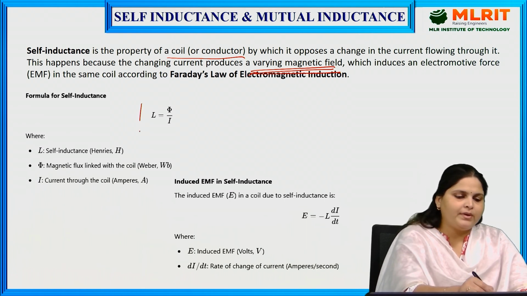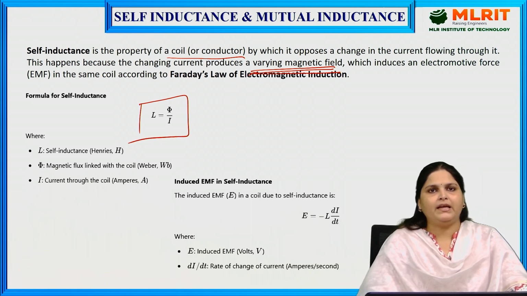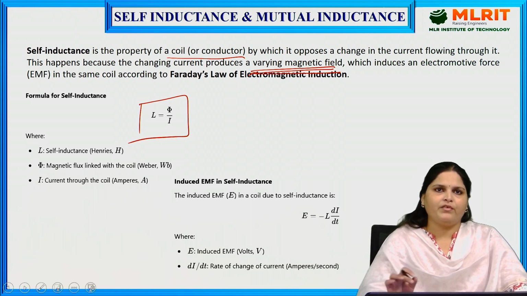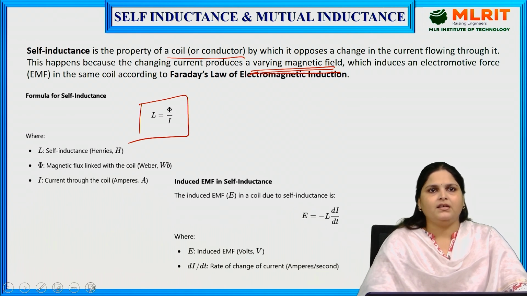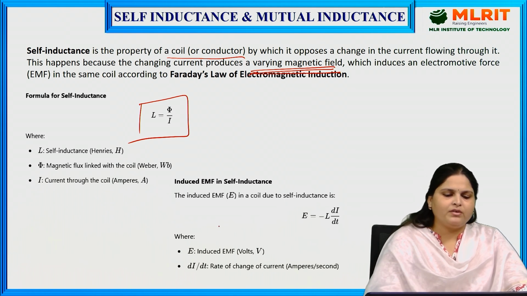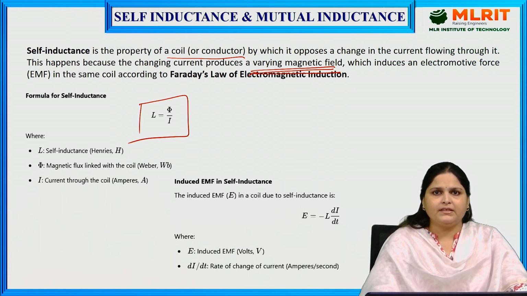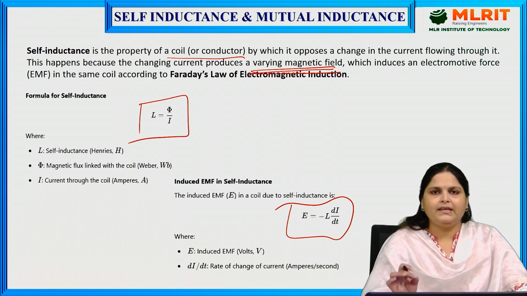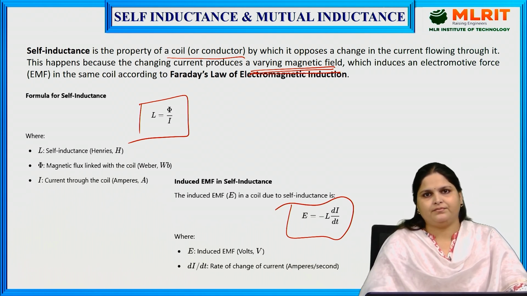So if you want to write it in the form of a formula, L is self-inductance, L equals phi by I, where phi is the flux and I is the current flowing through the coil, right? If we talk about the induced EMF in self-inductance, it is given by E equals minus L di by dt.